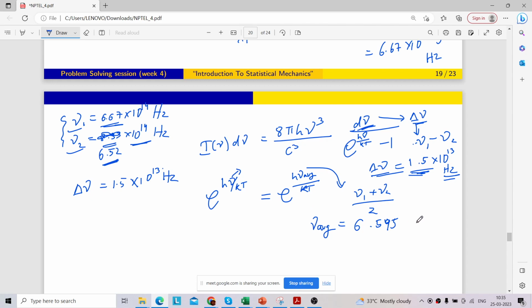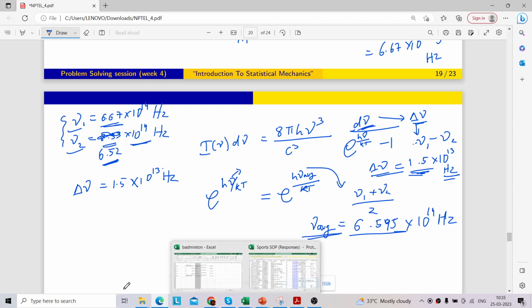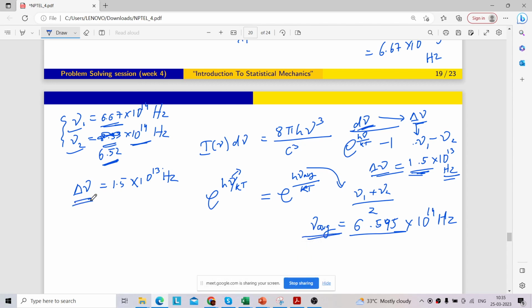Okay, so the average value is 6.595 times 10 to the power 14 Hz. So I got nu average and I got the difference in frequency. Then I have to calculate this parameter first.